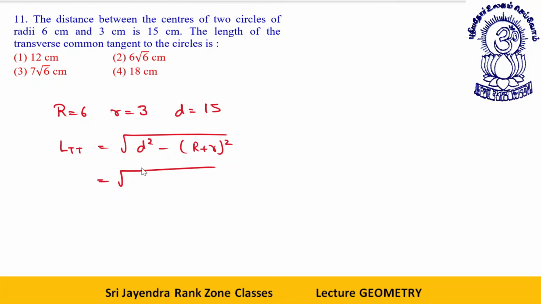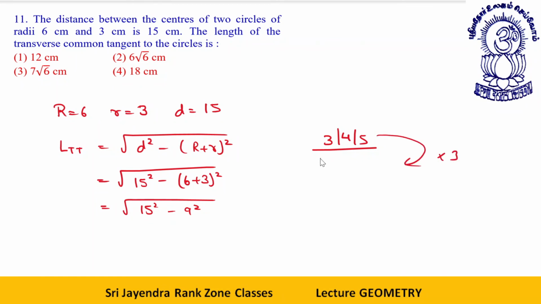What is D? 15 square minus (6 plus 3) square, that is 15 square minus 9 square. We know 3, 4, 5 is a Pythagoras triplet. If you triple it, what you will get? 9, 12, 15. So directly your length of transverse tangent will be 12 centimeter. Okay, dear students, clear to all? Fine.